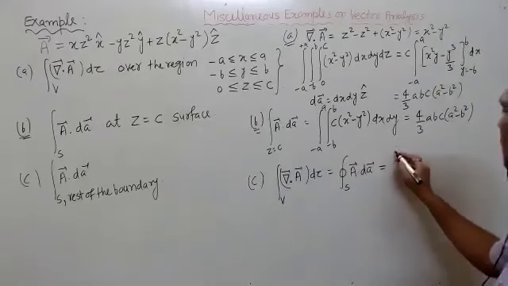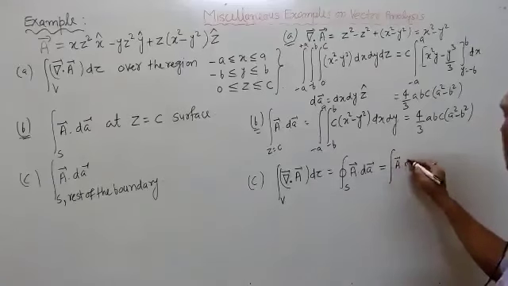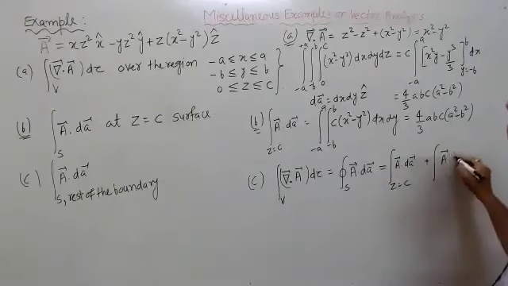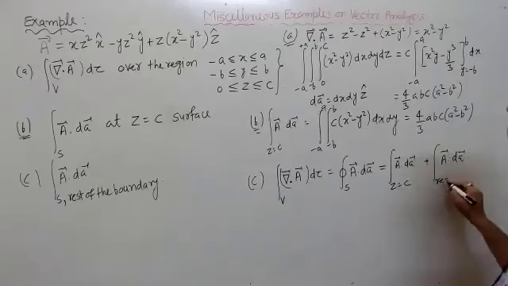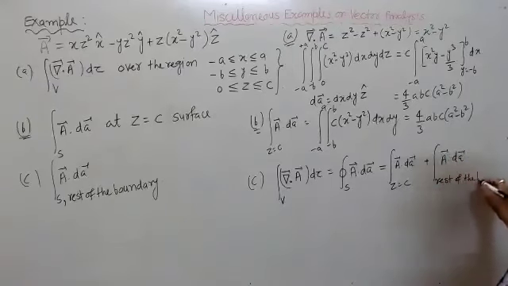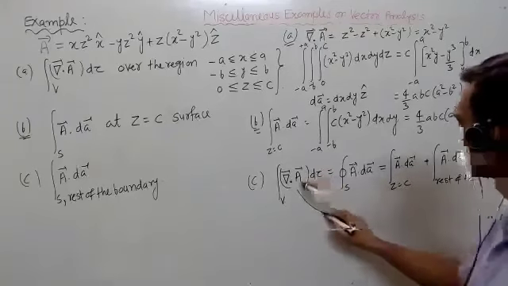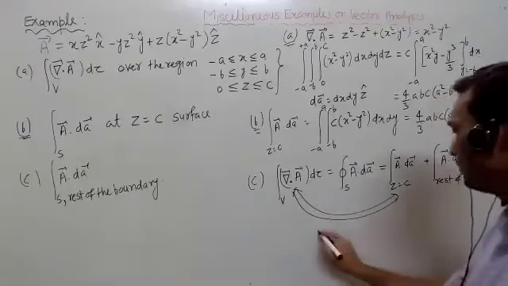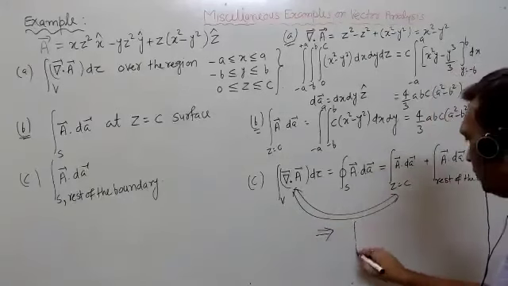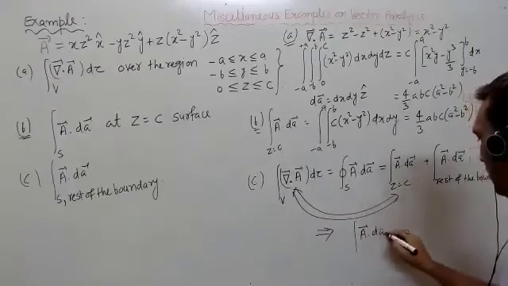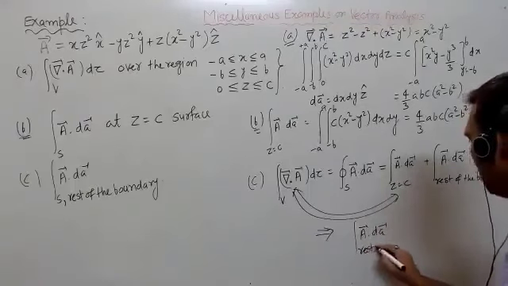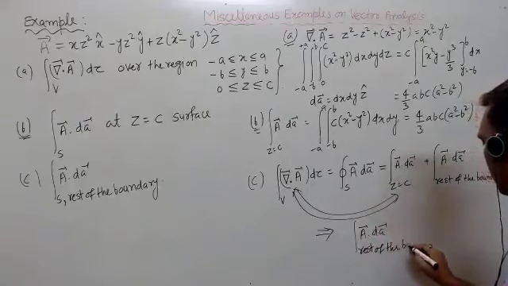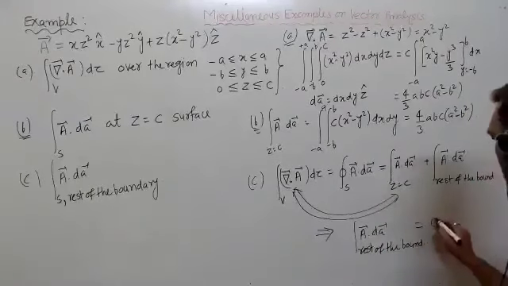So that is A dot dA at z is equal to c plus A dot dA through the rest of the boundary. And you can see these two are equal, the same value. So A dot dA through the rest of the boundary will be 0.